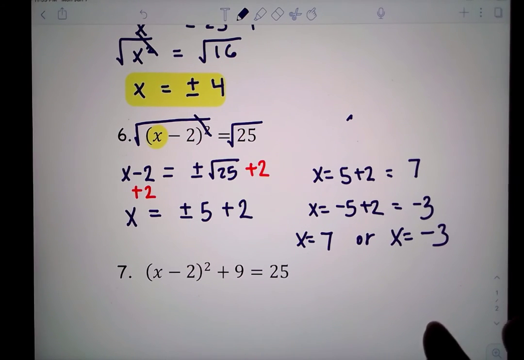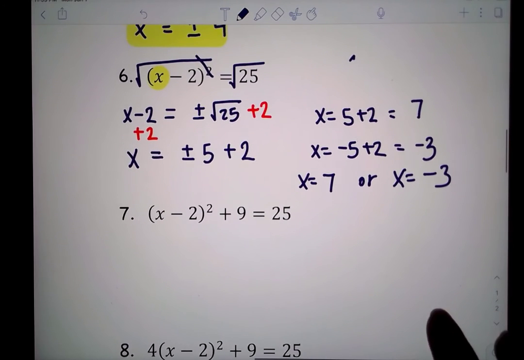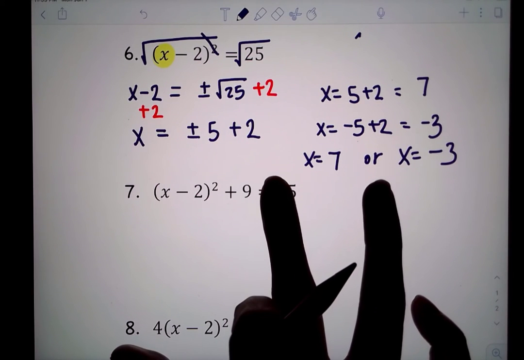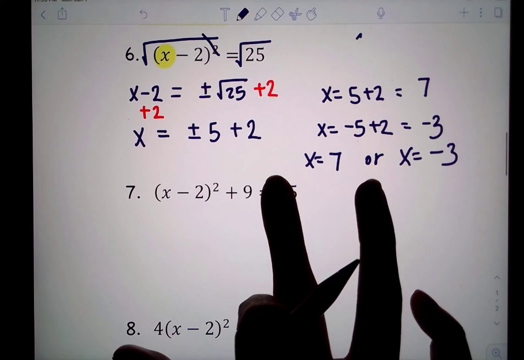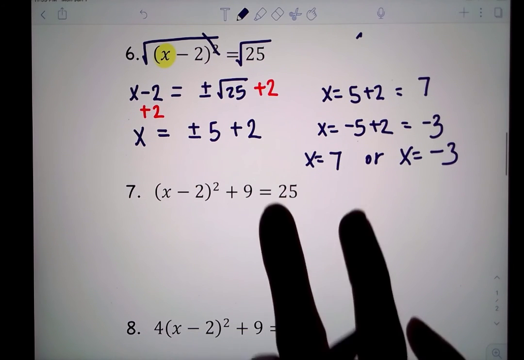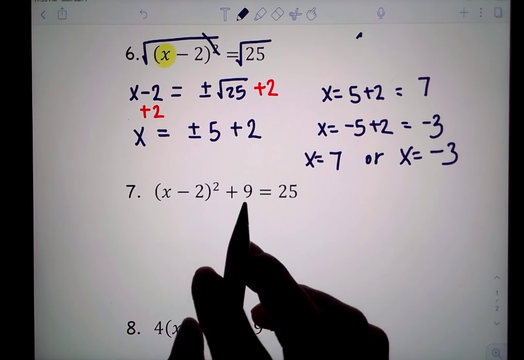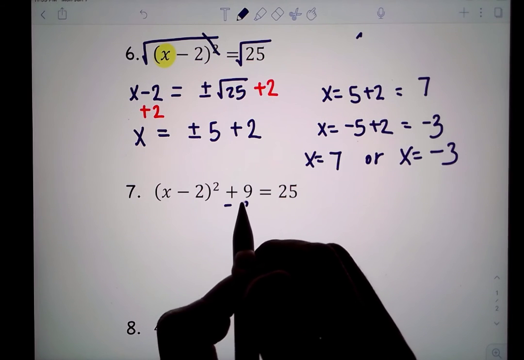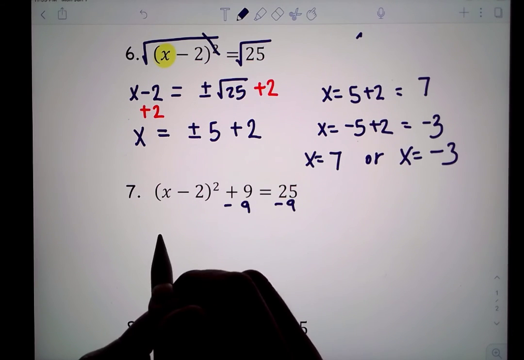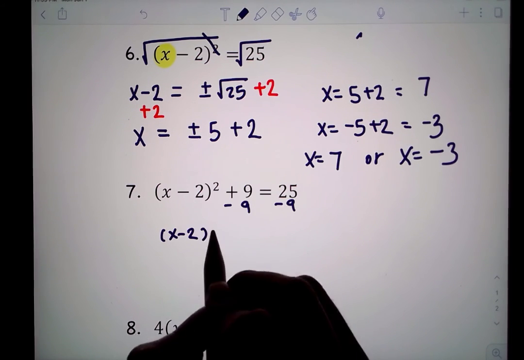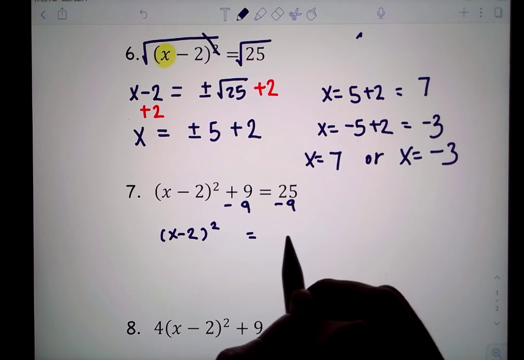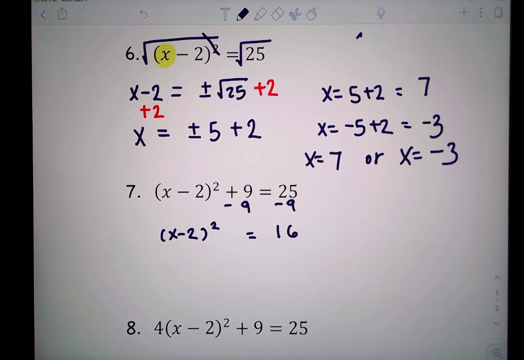Okay, and number 7. So it's the same thing. Look, this one looks like a vertex form, right? And we want to take the square root. So let's get rid of this 9 first. Then minus 9, minus 9. Then you get x minus 2 squared equals 16, right? 25 minus 9 is 16.